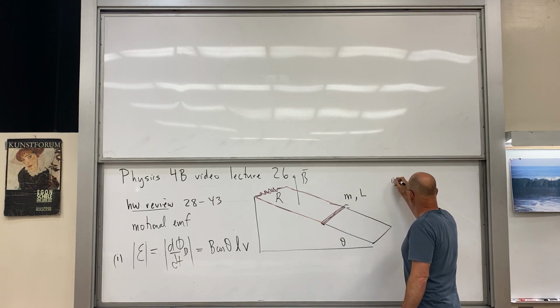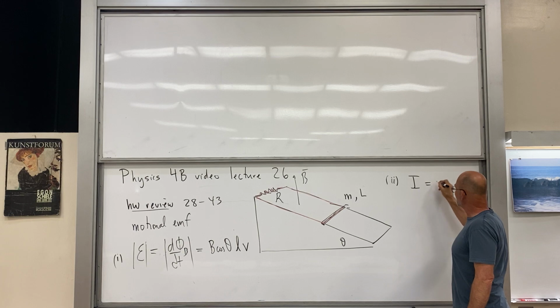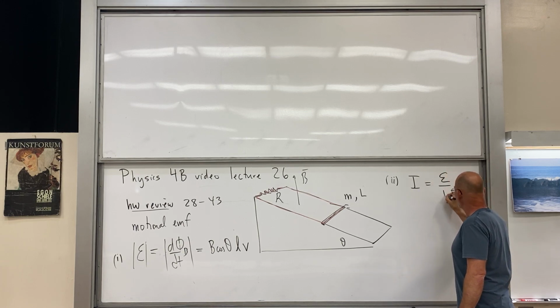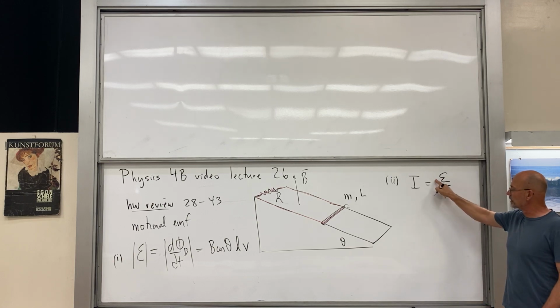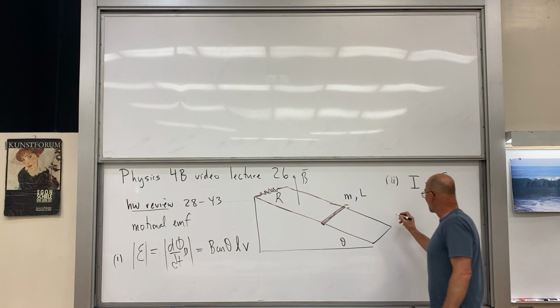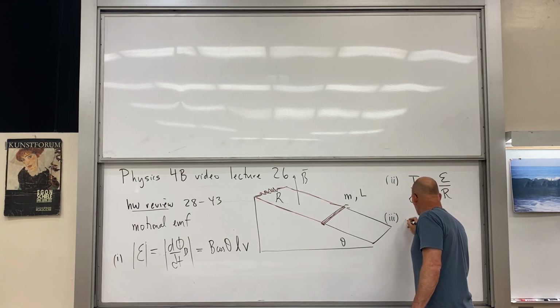The second thing we're going to have is a current, and the current is just going to be E over R. That is Ohm's law. Right? That's a voltage. And the third thing we're going to have is a force.